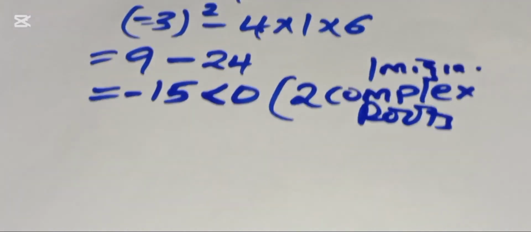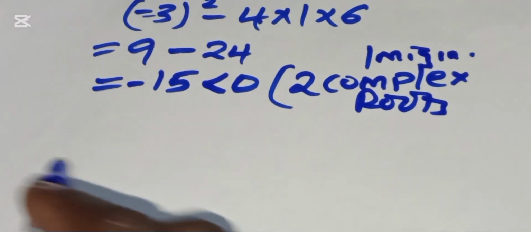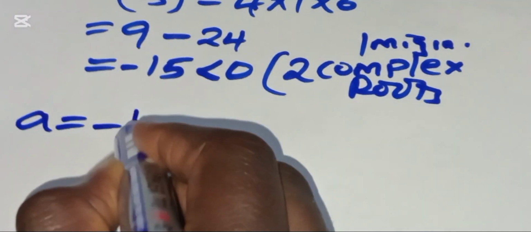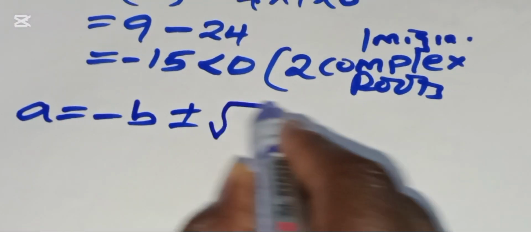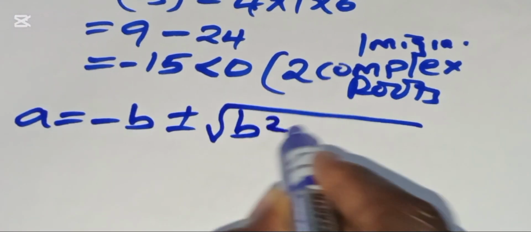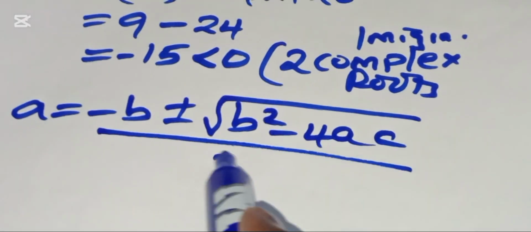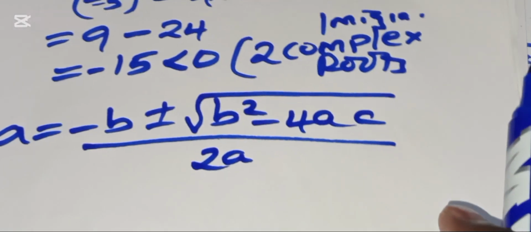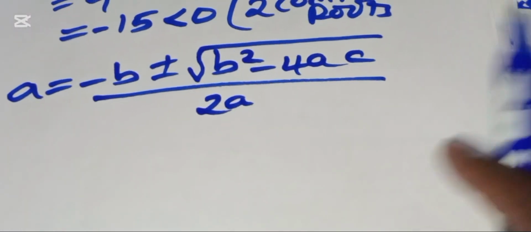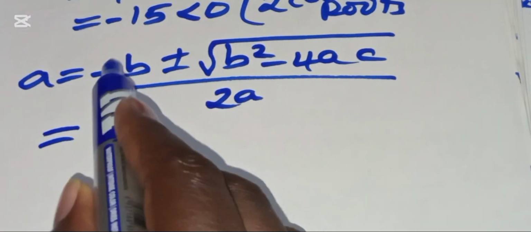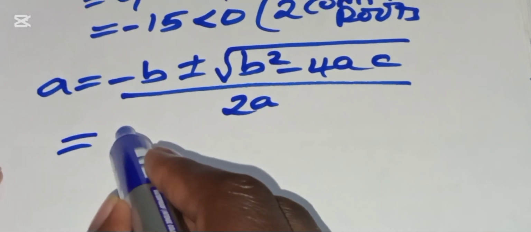Okay? Now from what we have, applying the quadratic formula, we're going to have a is equal to negative b plus or minus the square root of b squared minus 4ac, divide everything by 2a, okay? Now let's substitute the values of a, b, and c so that we'll have negative times negative 3, okay?